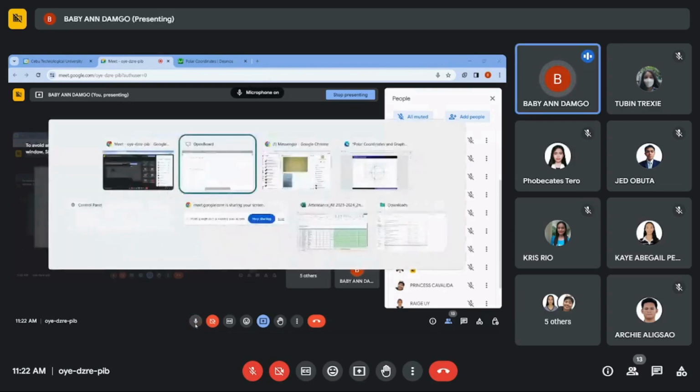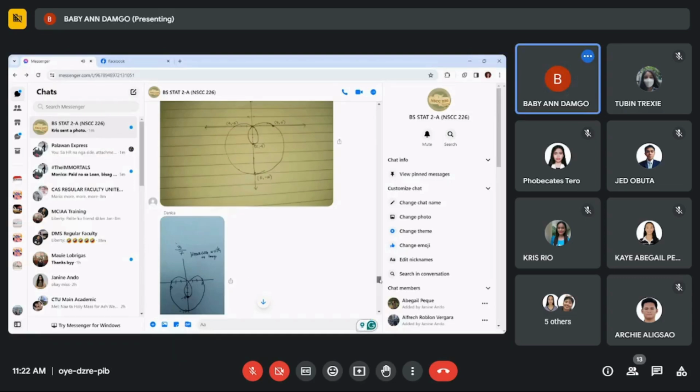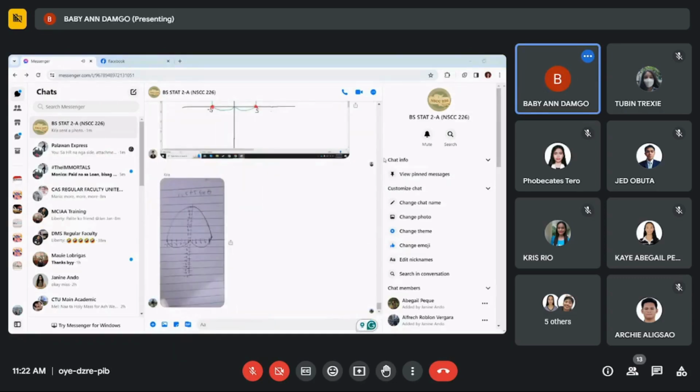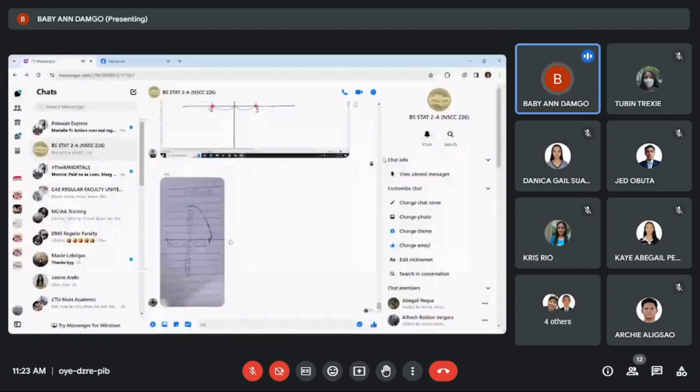Okay, so let's check. So we have 5 plus 5 sine theta. So this is a cardioid or a heart shape. So since b is positive and this is sine theta, the graph is symmetric to the pi over 2 axis and it is upward. Okay, so let's check.